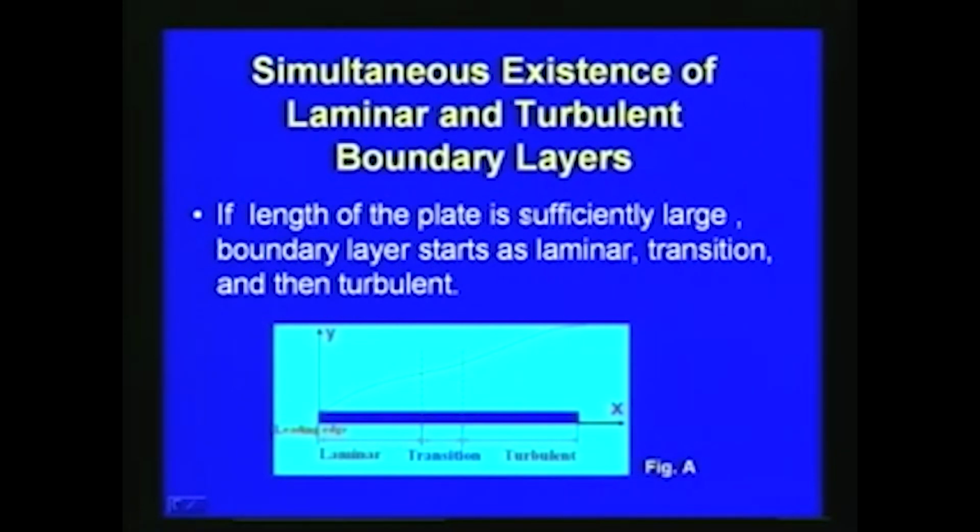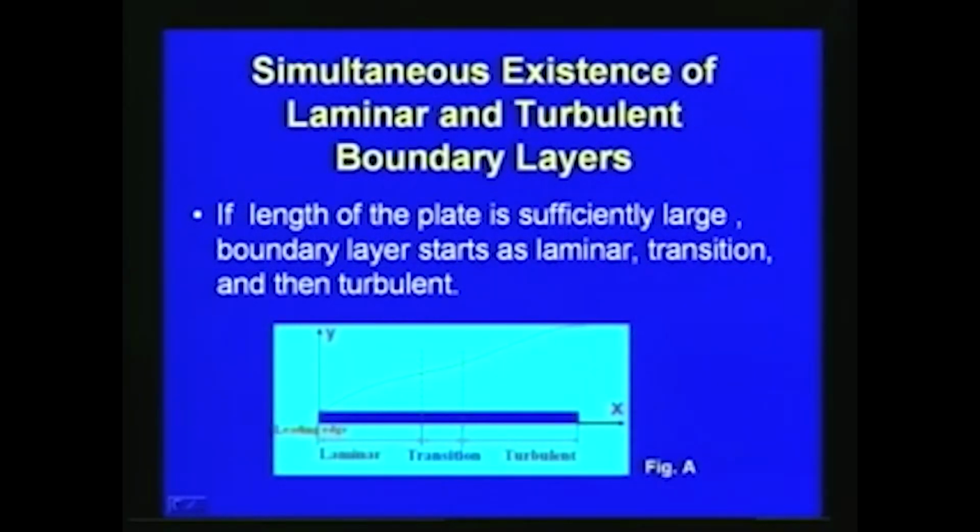Here the length of the plate is sufficiently large, so that the boundary layer starts as laminar, then we have the transition, and then we have the turbulent. This depends upon the length of the plate. If the length is very small, then we may get only laminar or turbulent, but as this figure shows, we have laminar, then a transition, and then the turbulent boundary layer.